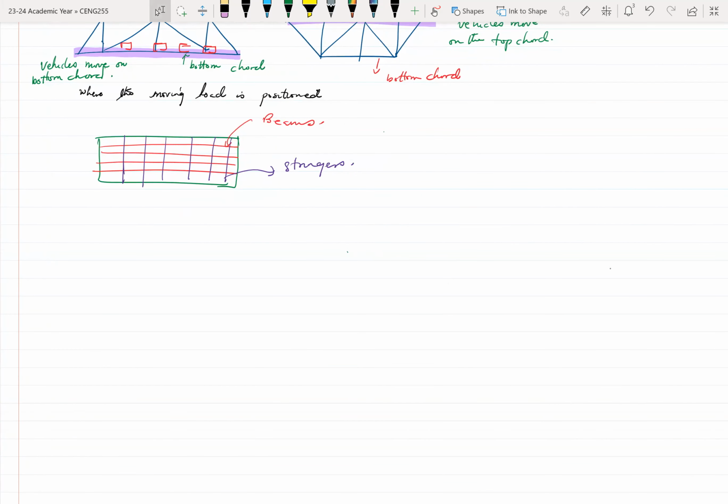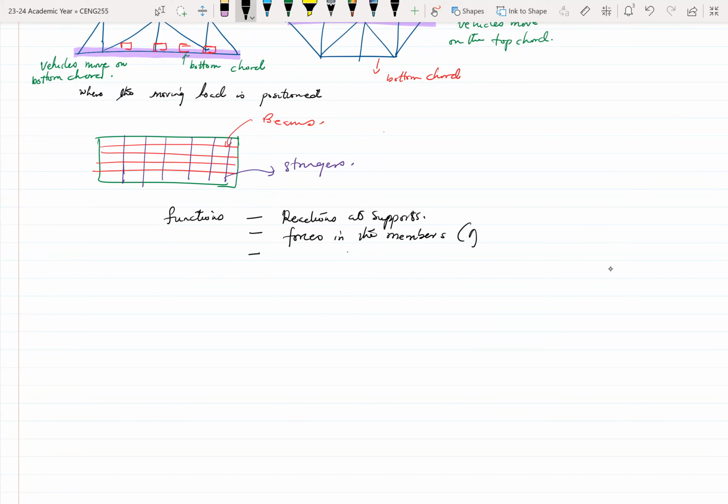And so when it comes to trusses, there are three functions that we typically look at. We look at the reactions at supports, as we have been looking at in beams. We also look at the forces in the members, and these are typically axial forces.